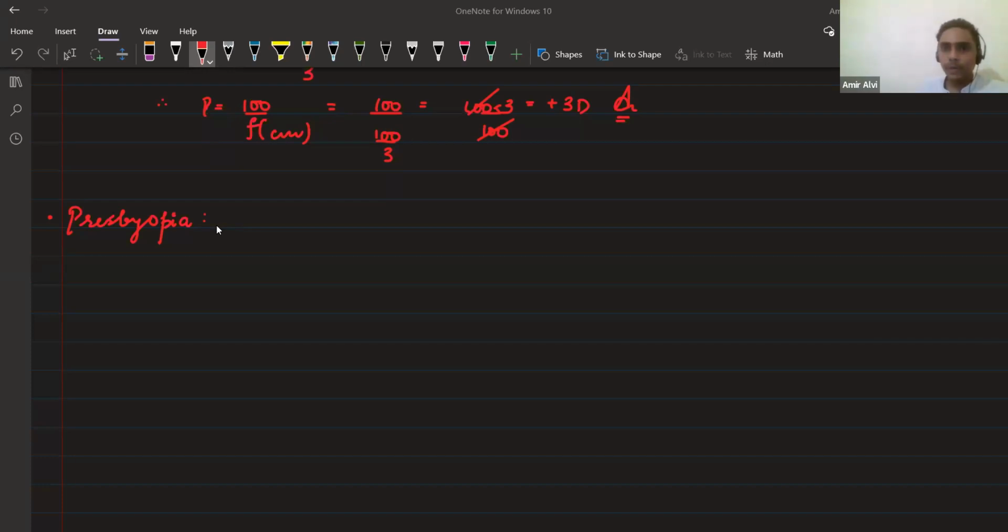Okay. So presbyopia is a defect of vision. Let me write it down. And there is no method to correct this defect, instead using the lenses.